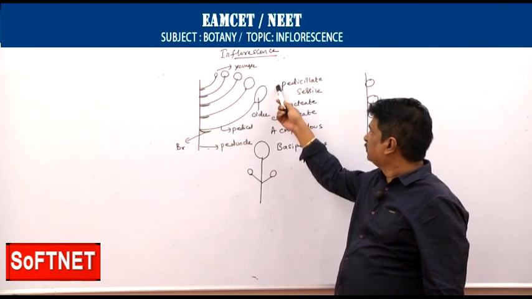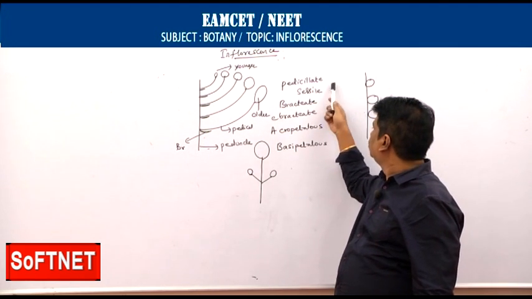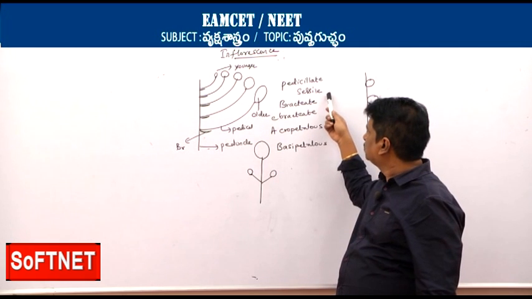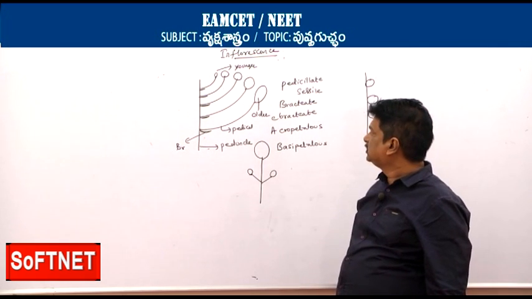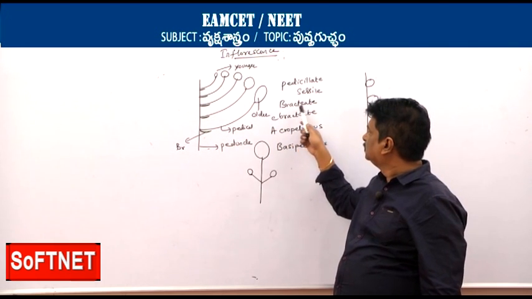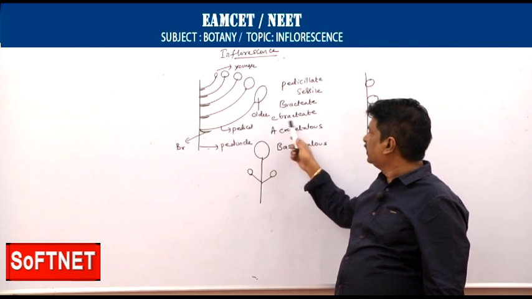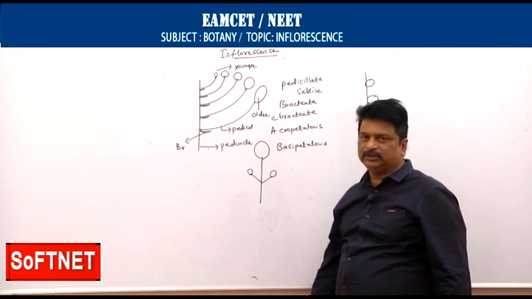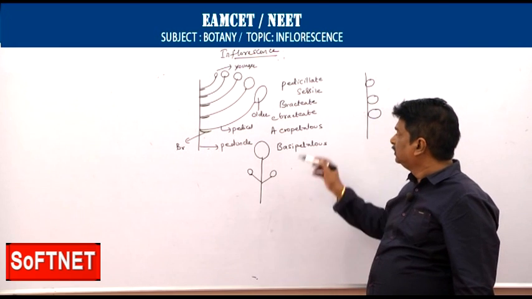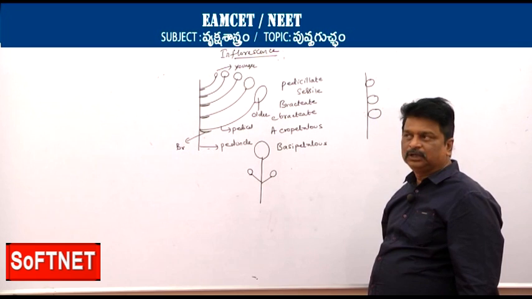So, a flower with a pedicel is called pedicellate. A flower without a pedicel, if that stalk is absent, is called sessile. If a flower has a bract, it is called bracteate. If without bracts, called ebracteate. And generally the arrangement of flowers is of two types.